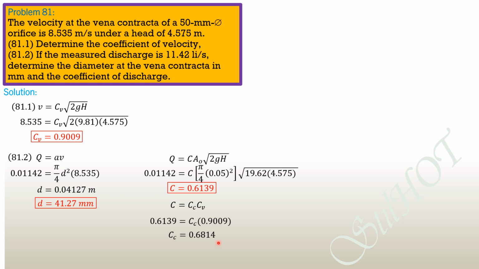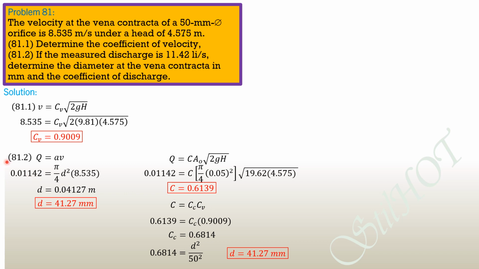So instead of putting pi over 4, we cancel it. We just use diameter square over 50 square for C sub C. So 0.6814 equals D square over 50 square. Solving for the diameter, it is also 41.27 mm. And we have already found C.